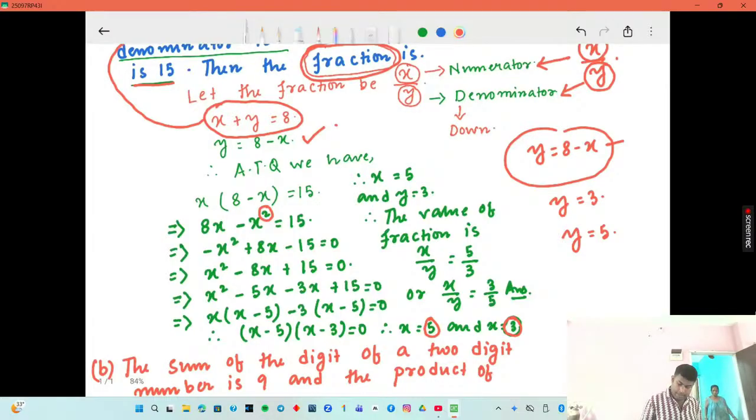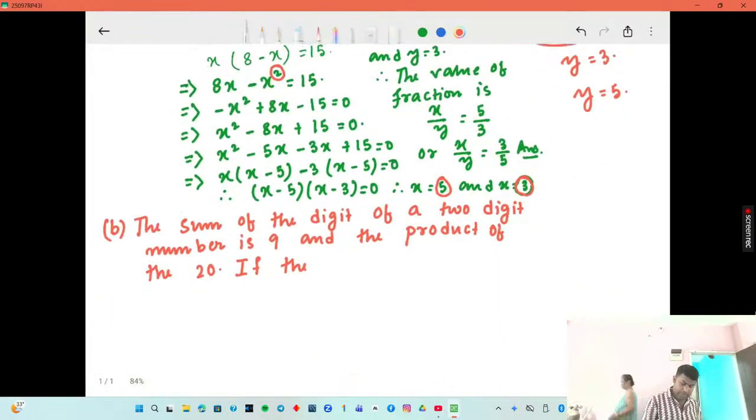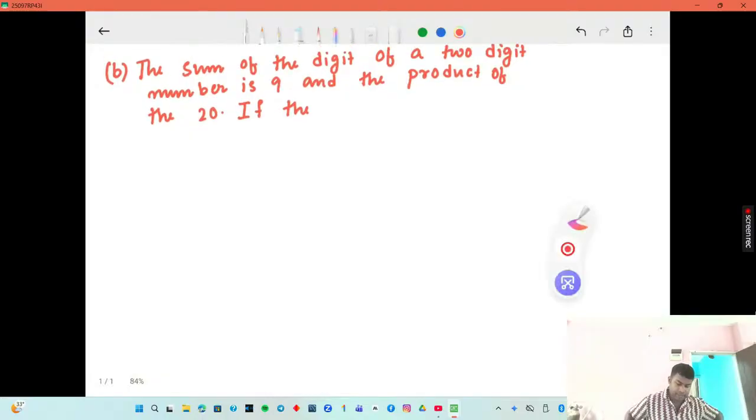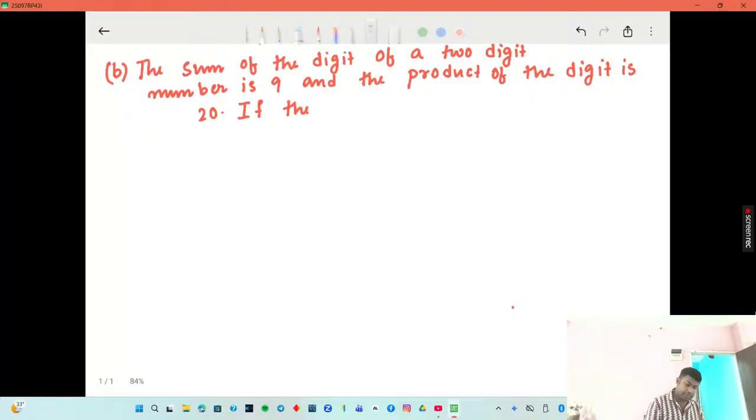Now in the next question, the question is given as the sum of the digits of a two-digit number is 9, and the product of the digits is 20.